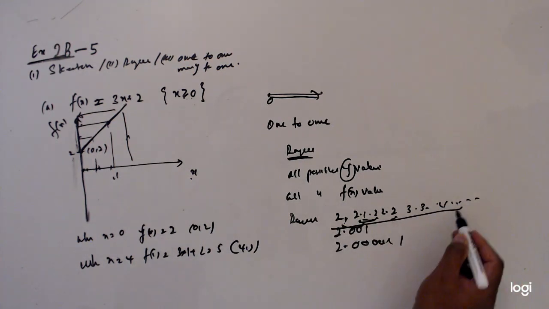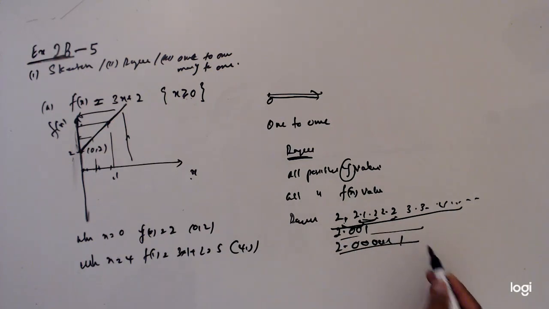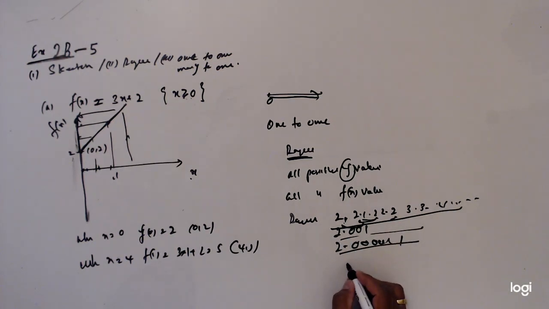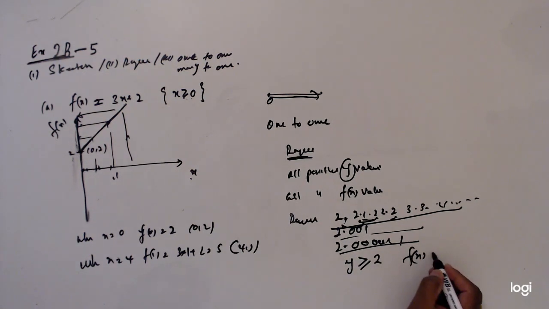So instead of writing all these numbers, we simply write the range is y greater than or equal to 2. 2 is also possible. So here we don't say y, it is f(x). So f(x) greater than or equal to 2.